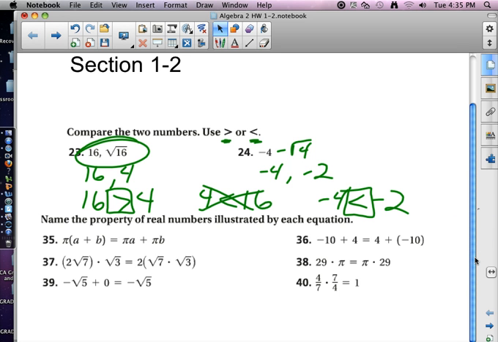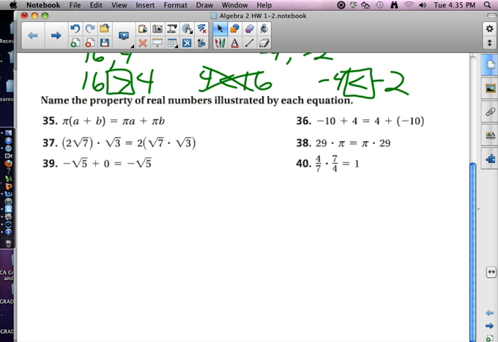Then down here, usually, this is just a matter of having forgotten some of the geometry from last year. When you look at 35, you want to think, what changed from this step, the step I underlined in red, to the green? And what you notice is that there's no parentheses anymore. So you take a second look and you think, well, what happened to them?